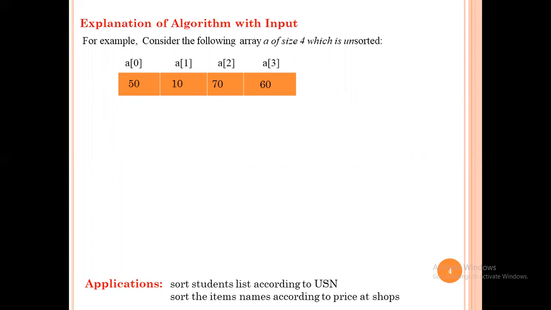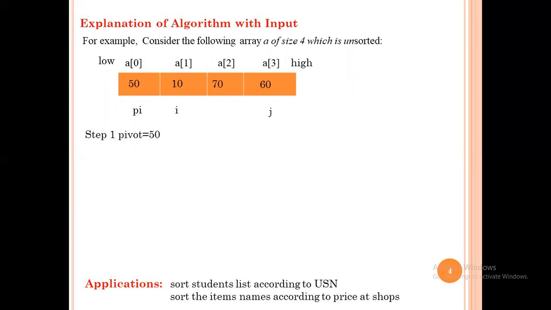A of 0 represents 50, A of 1 represents 10, A of 2 represents 70, A of 3 represents 60. Here low is pointing to index value 0, high is pointing to index value 3. 50 represents the pivot element, i is pointing to 1, j is pointing to index value 3.